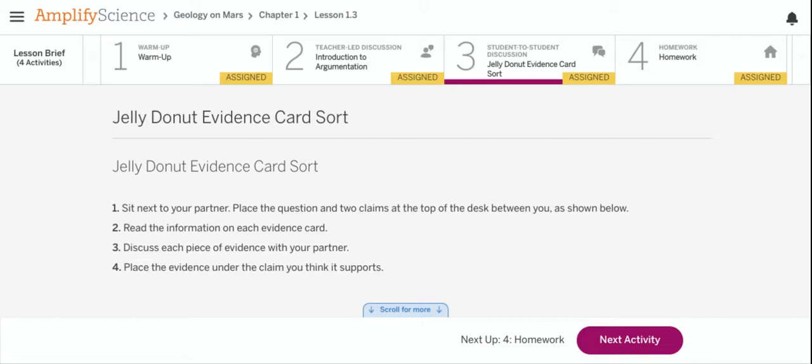Based off the evidence that we have so far, we have evidence that supports both of these claims. So you may be thinking it's either claim 1 or claim 2, or you might be unsure, and that's okay if you're not sure because we don't have all of the evidence quite yet. We need more evidence to decide which claim is stronger.